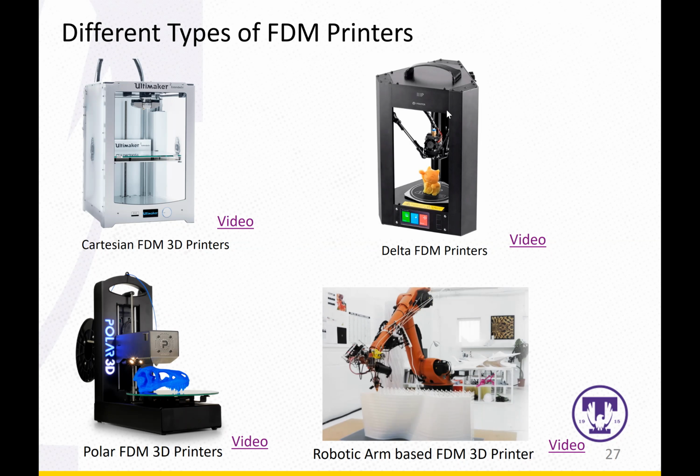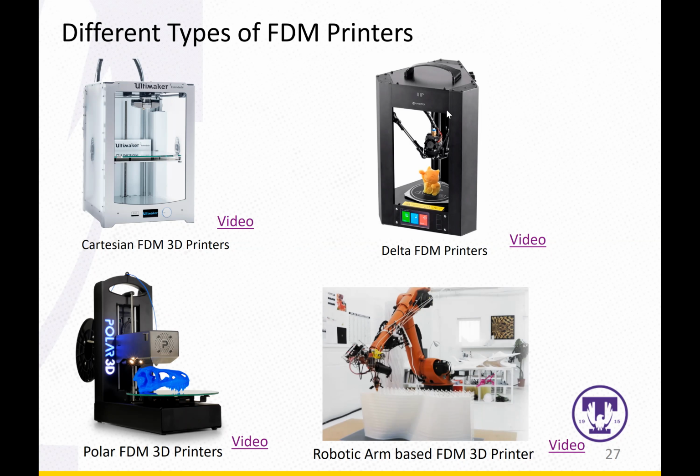And Clay mentioned the robot arm is very impressive, but polar seems much more accessible for general use. Yeah, I agree. Another thing for robots is that you have to think about the cost, right? So for the robot-based ones, I would say the most convincing application is printing large objects.